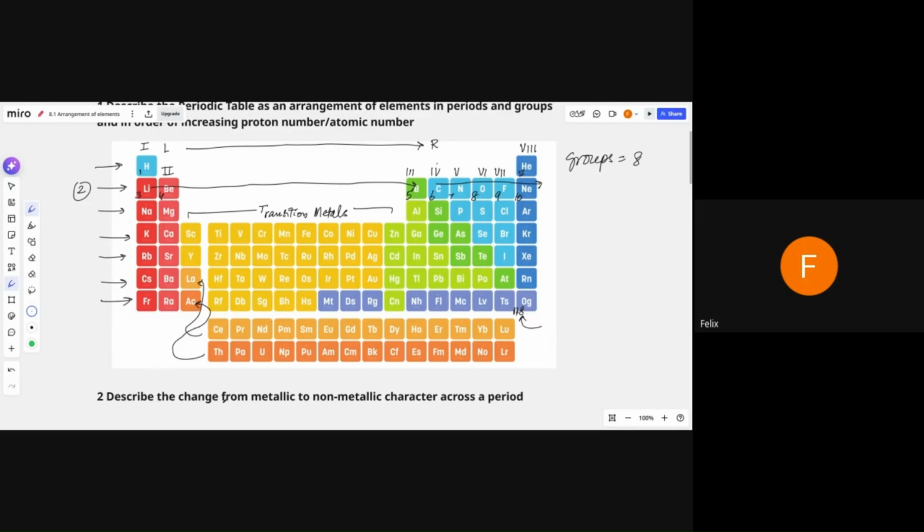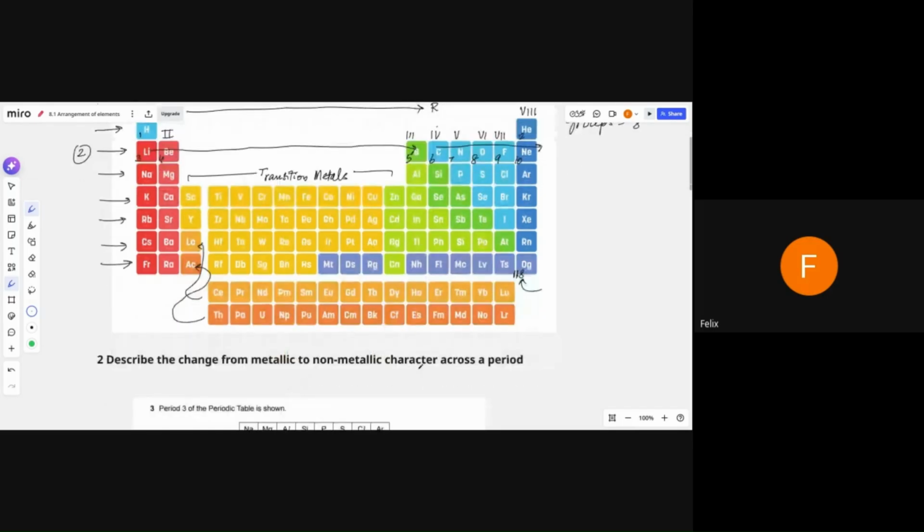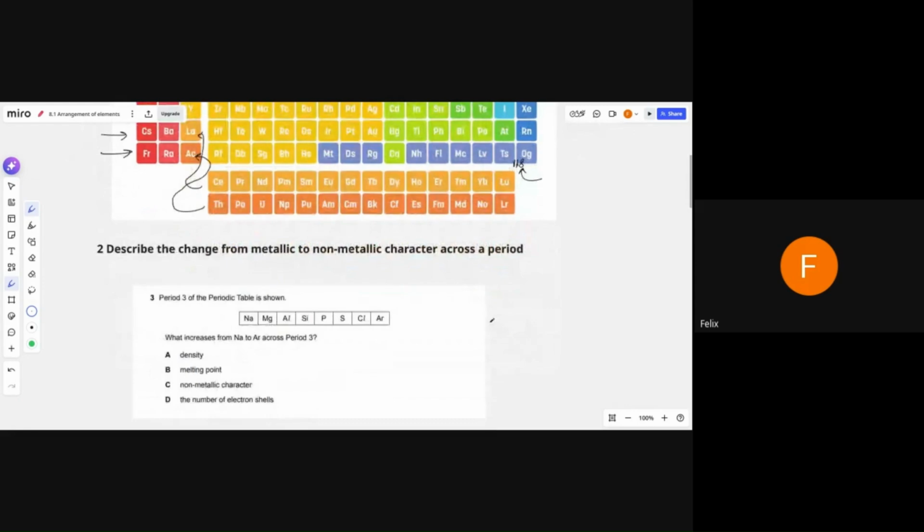So as we move across the period, metallic character decreases and non-metallic character increases, right?